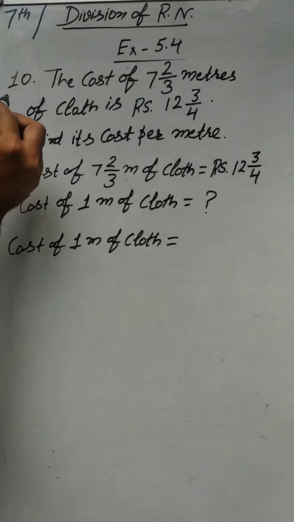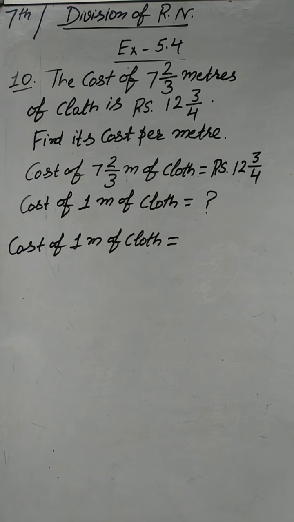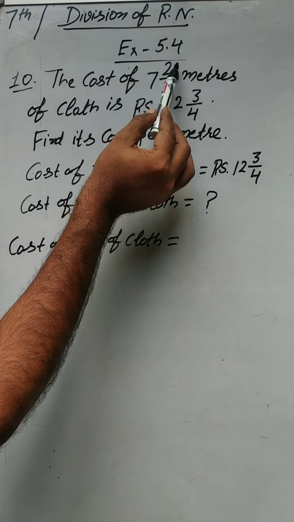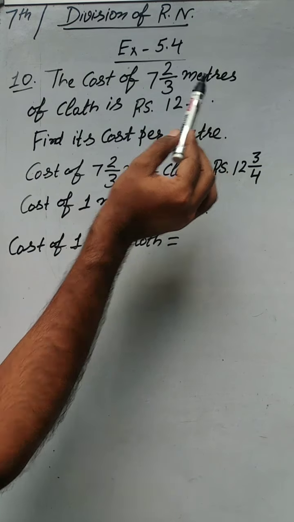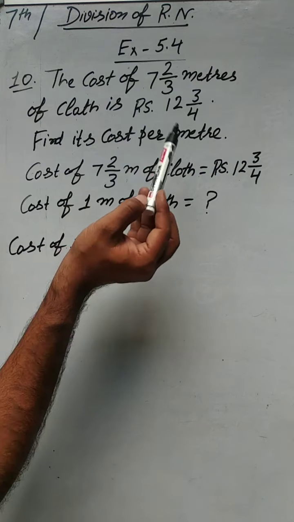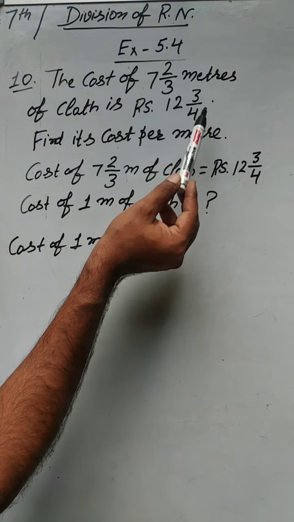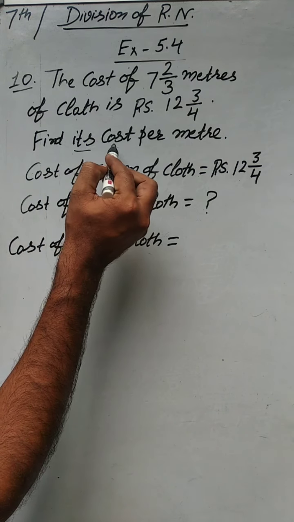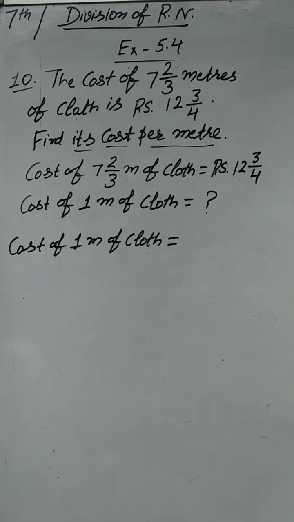Yes, beta. Question 10. Next is question 10. The cost of 7 and 2/3 meters of cloth is 12 and 3/4 rupees. Find its cost per meter.